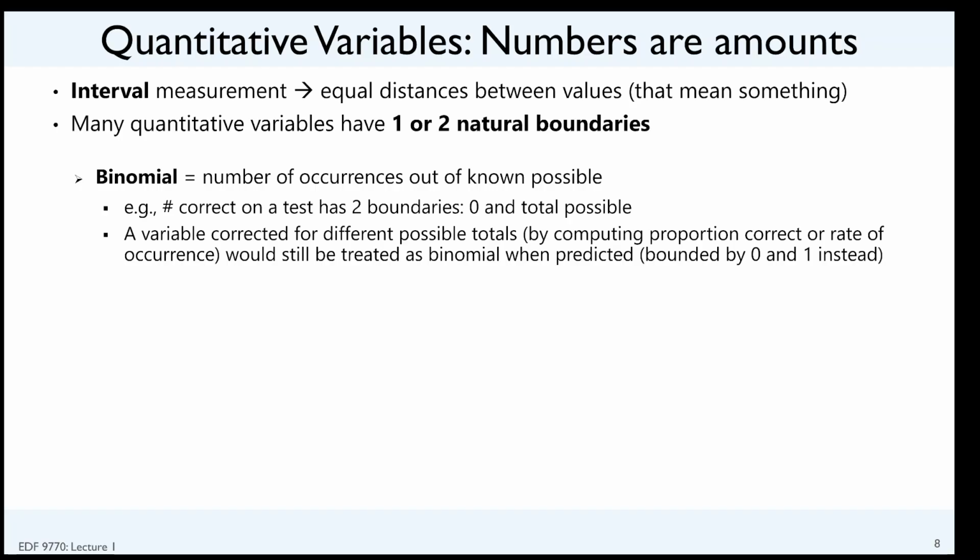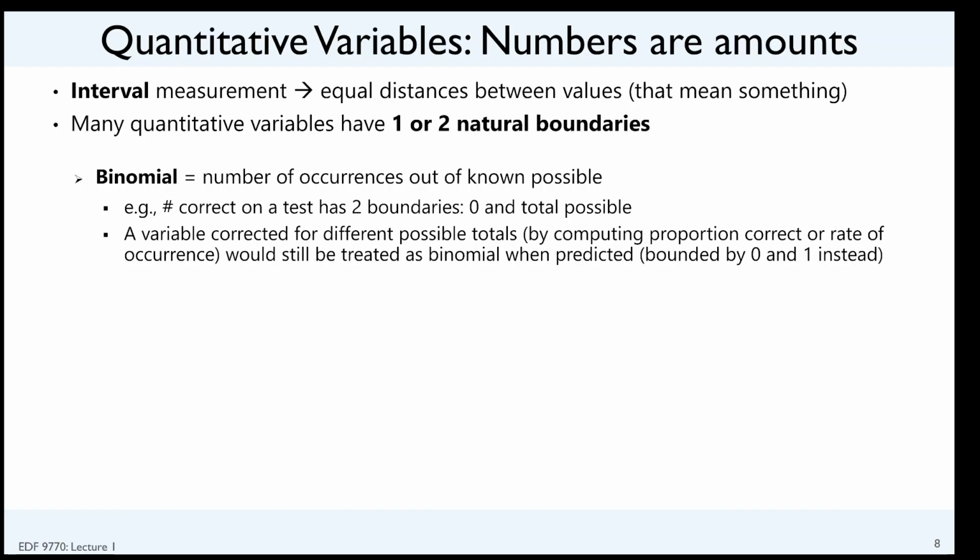What's the worst you can do? 0. What's the best you can do? All of them. And if you compute that as a percentage or a proportion instead, the same is true. If it's a proportion correct, the worst you can do is 0 and the best you can do is 1. So it is a number. And differences between them mean something.